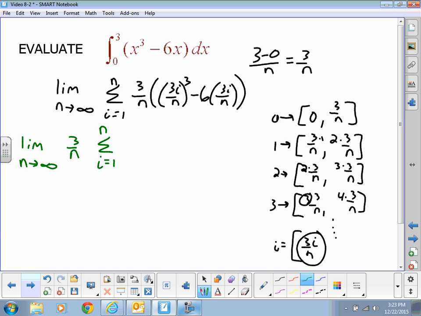If we cube both those things, 3 cubed is 27. So we'll have 27, we'll have i cubed, and we'll have n cubed. And by our summation rules, we can do our subtraction of our summation separately. So we'll do a summation. We'll subtract the summation of i equals 1 to n, and we'll have 18i over n when we multiply those together.